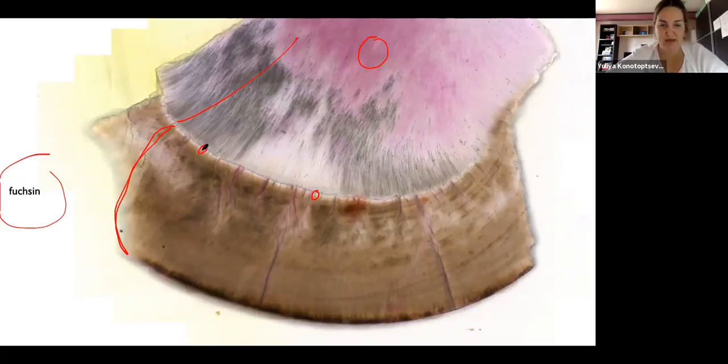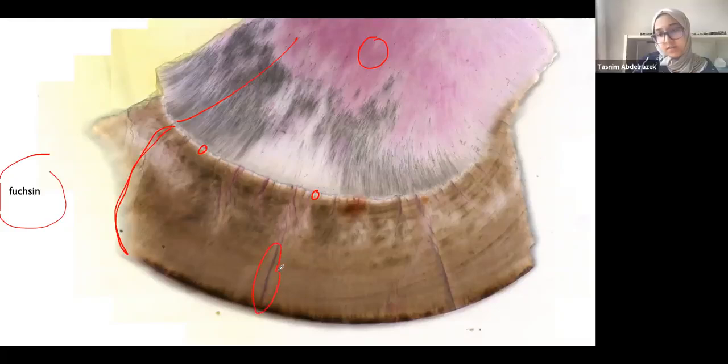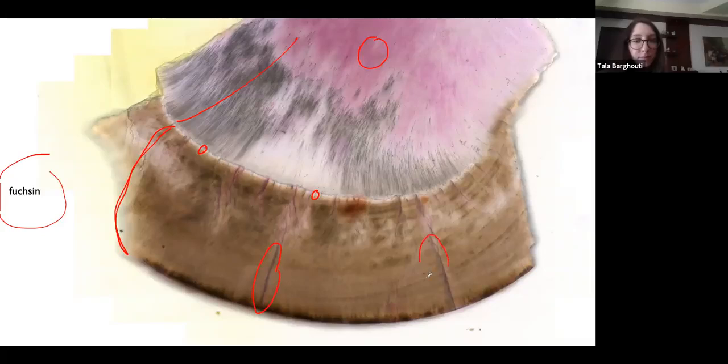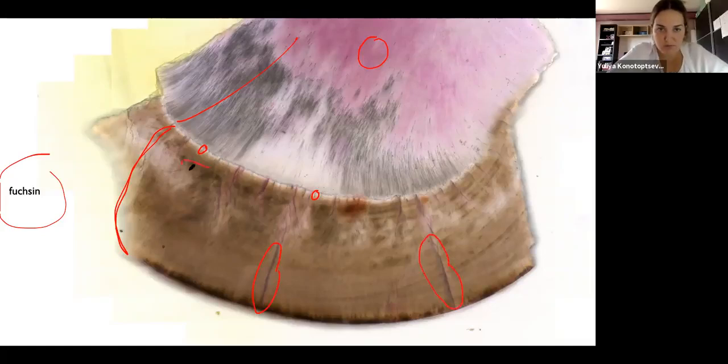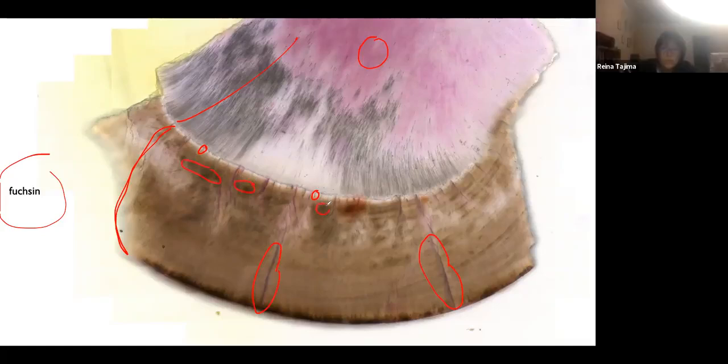Okay, so these are also enamel spindles. What do you think this is? Lamella. Lamella, very good. Yes, this is another lamella. And what are those blackish areas closer to the dentine? Tuft, right? So these are the tufts.